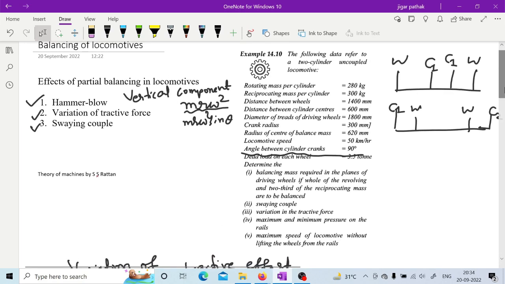So can you try this particular question with the following data? Here a 2-cylinder uncoupled locomotive is there. Rotating mass per cylinder is given, reciprocating mass per cylinder is given, then the distance between wheels, and the distance between cylinder centers, then the tread diameter of the driving wheel is given, then crank radius is given, then the radius of the center of balance mass is given, then locomotive speed is given, the angle between cylinder and crank is given, and the dead load at each wheel is given.